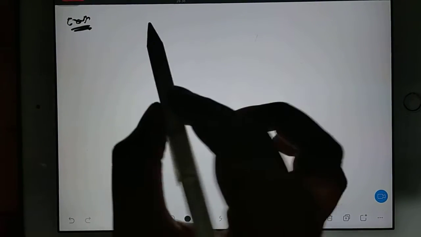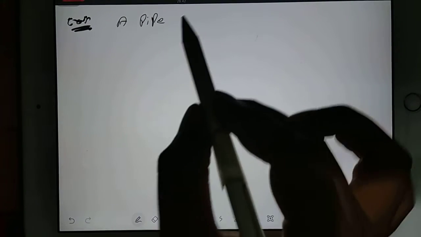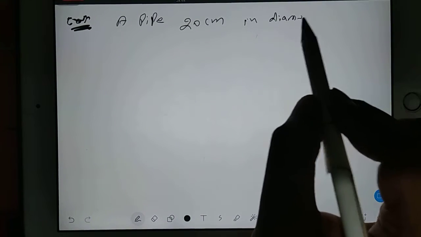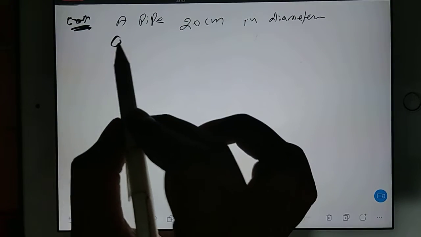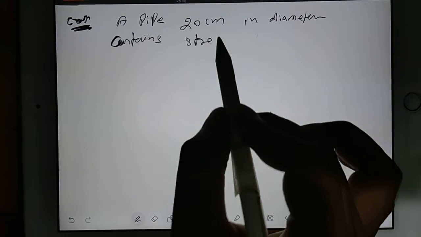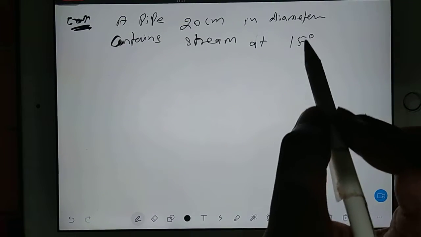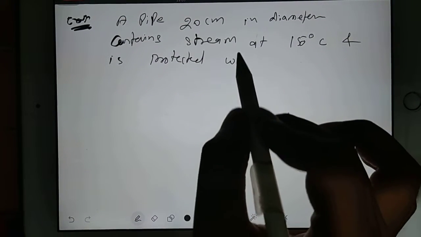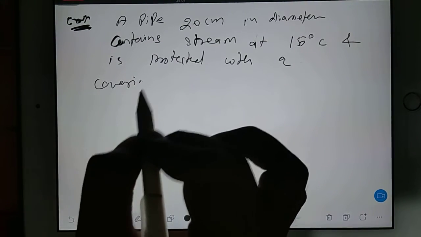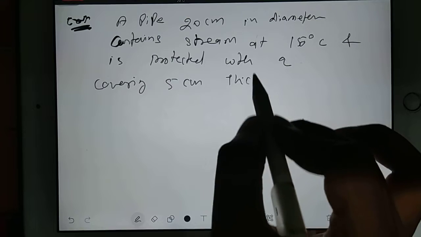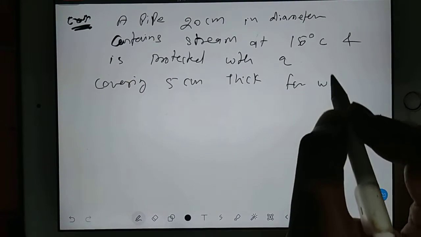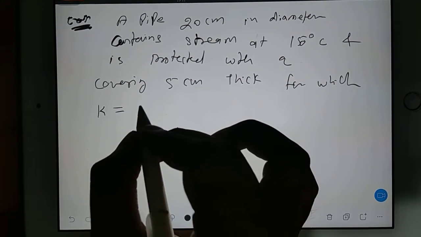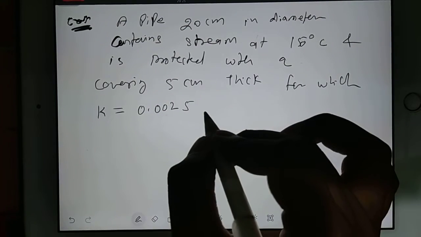Example: a pipe 20 centimeter in diameter contains steam at 150 degrees Celsius and is protected with a covering 5 centimeter thick, for which the K value, the thermal conductivity, is given as 0.0025.